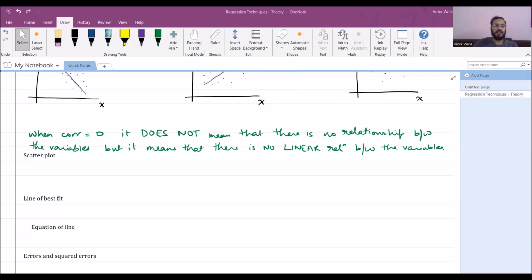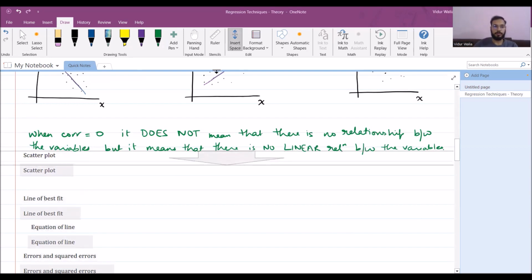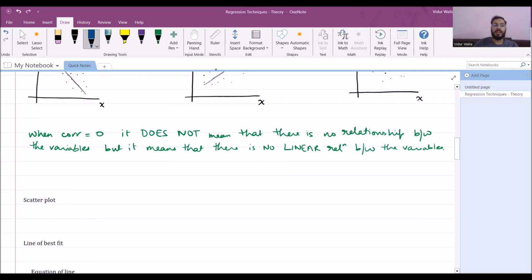Let's see. Suppose we create a linear combination. Now, what is a linear combination? Suppose we have x1, x2, x3, x4 till x5. Let me tell you what a linear combination is.